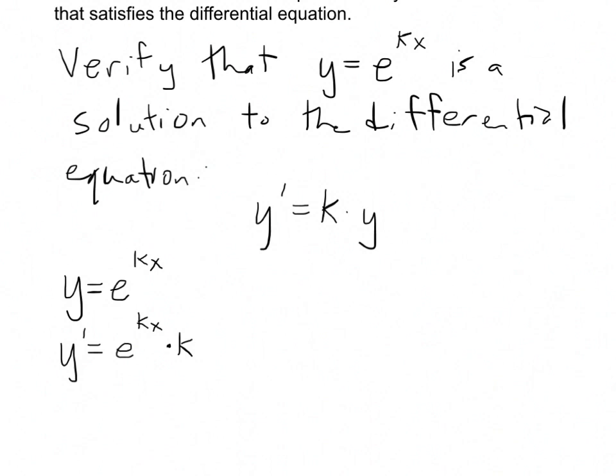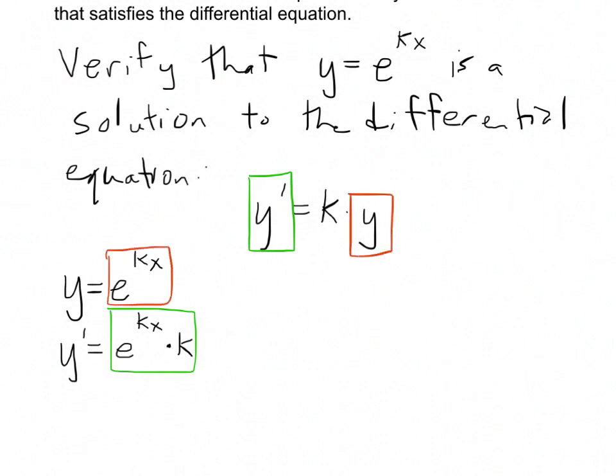And so let me use color to indicate this. So if I think about y prime being in green, I'm going to put that here. And if I think about y being in red, I'm going to put that here. And the question is, when I plug those things in, am I going to get a universally true equation?